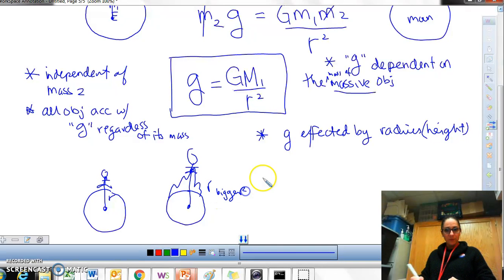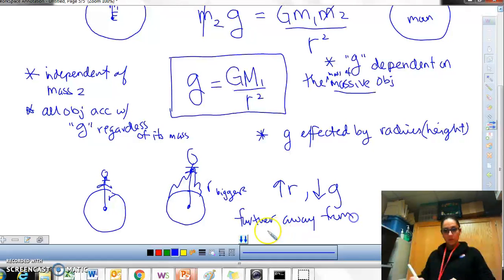Which means if we make r bigger, then this becomes larger, which means that number becomes smaller. So the further away you are from the surface, the lower the g.